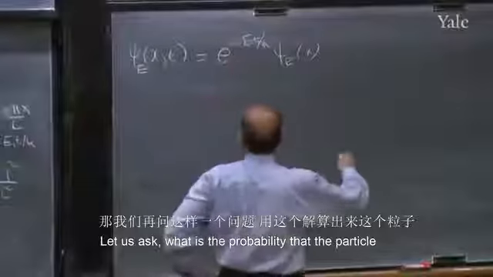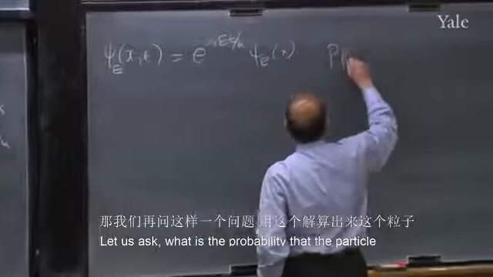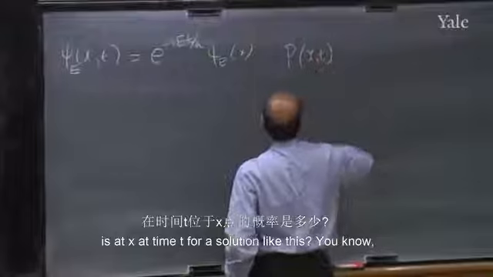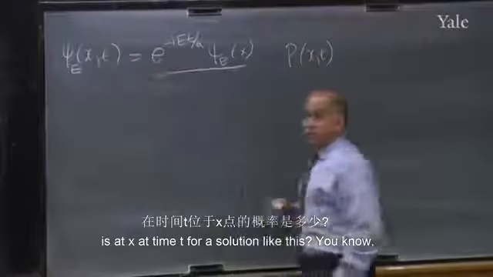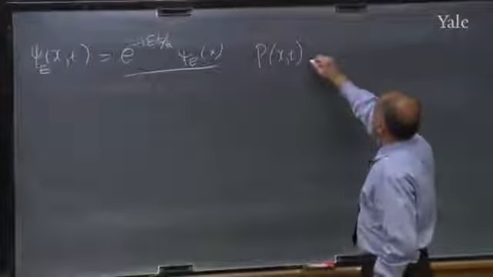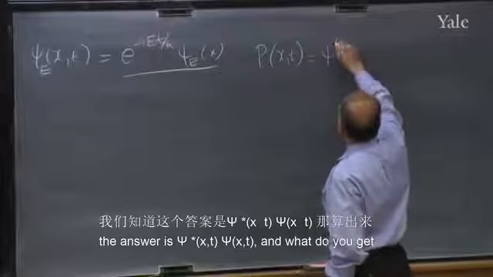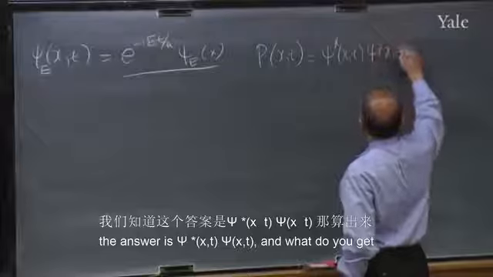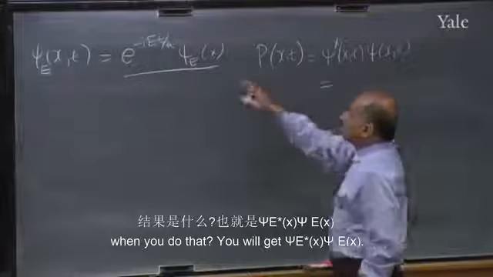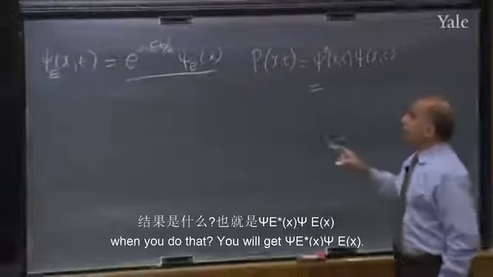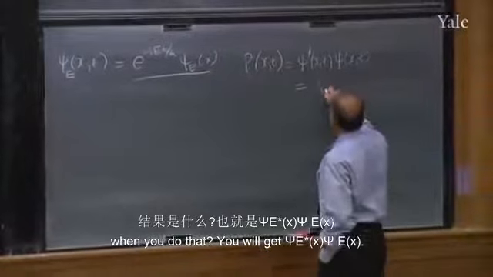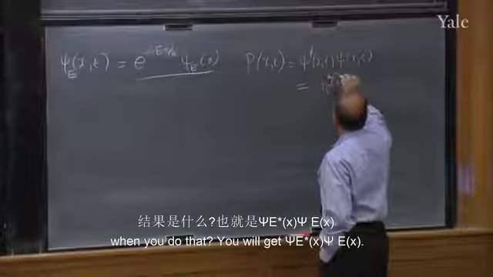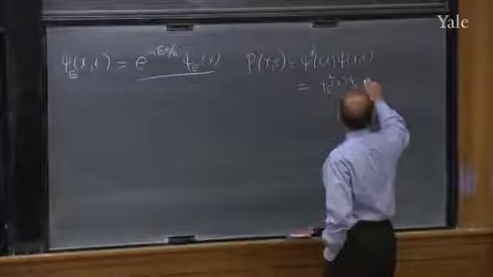Let us ask, what is the probability that the particle is at x at time t for a solution like this? You know the answer is psi star of x,t times psi of x,t. And what do you get when you do that? You will get psi E star of x times psi E of x.